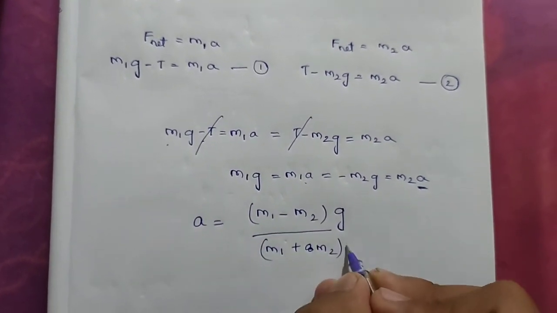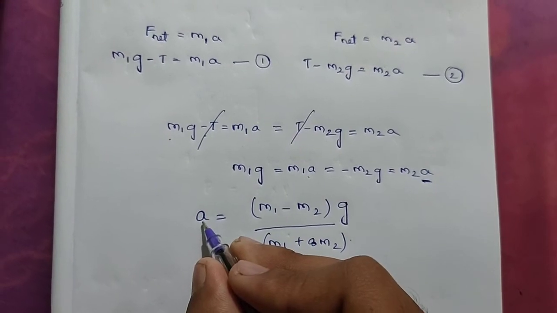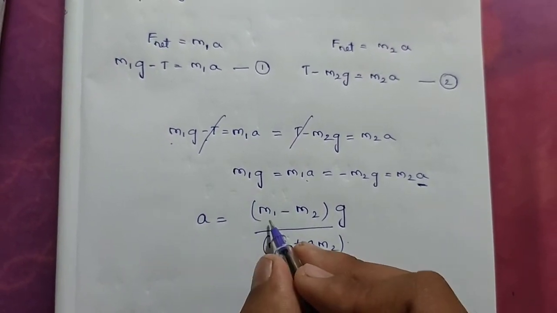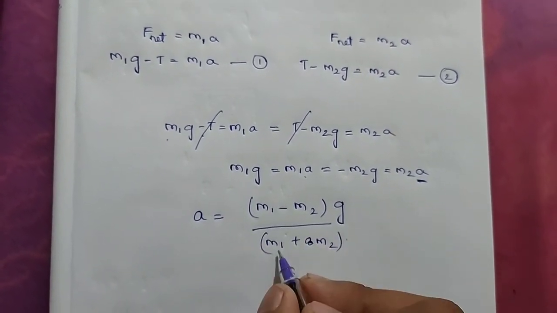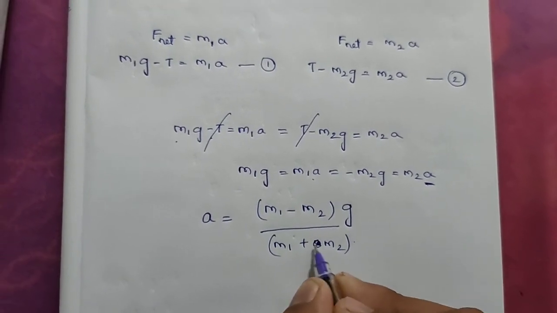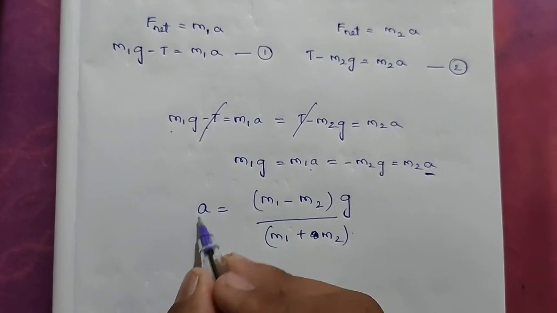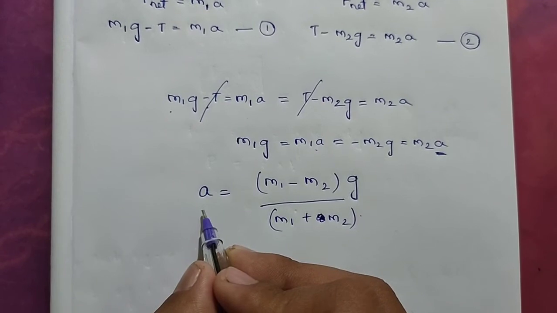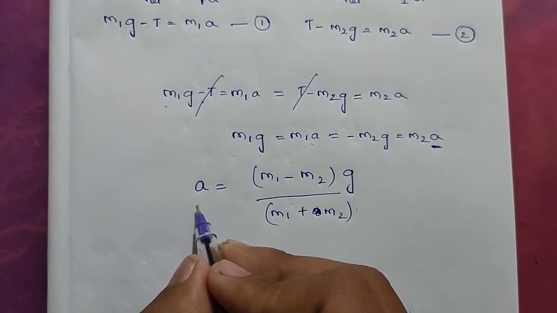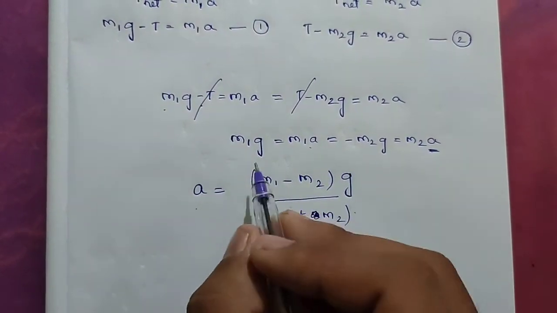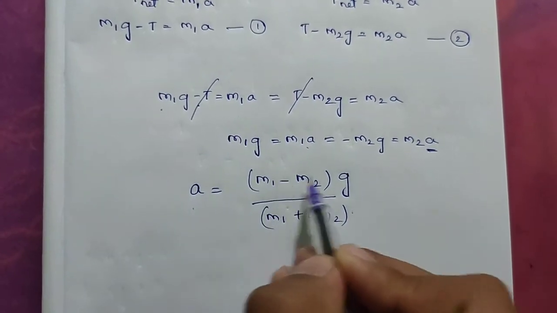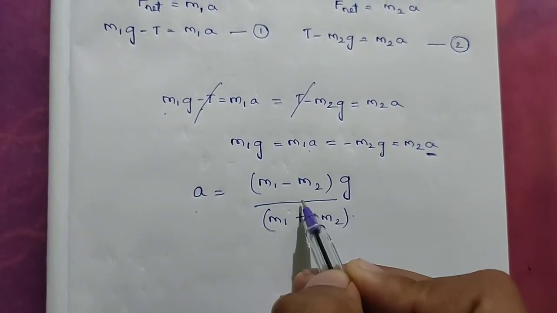So (m1 minus m2)g over (m1 plus m2) is nothing but the value of acceleration. I did nothing, I only wrote the coefficients together.